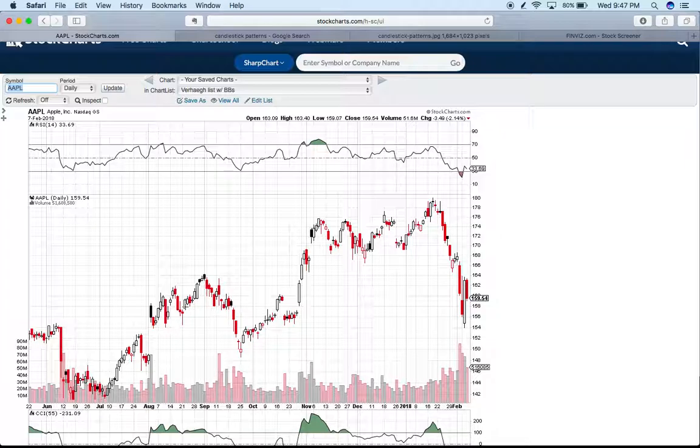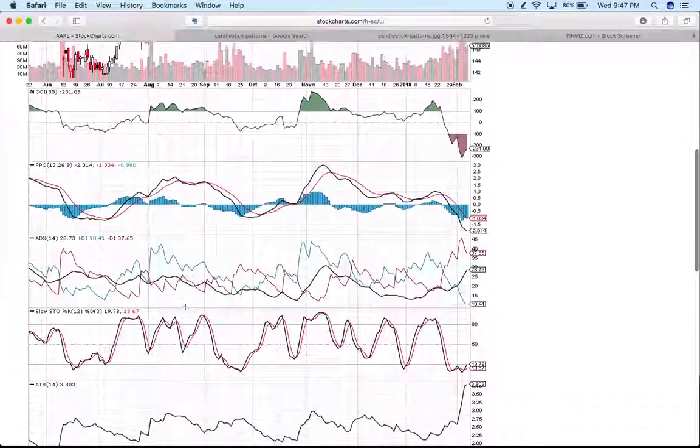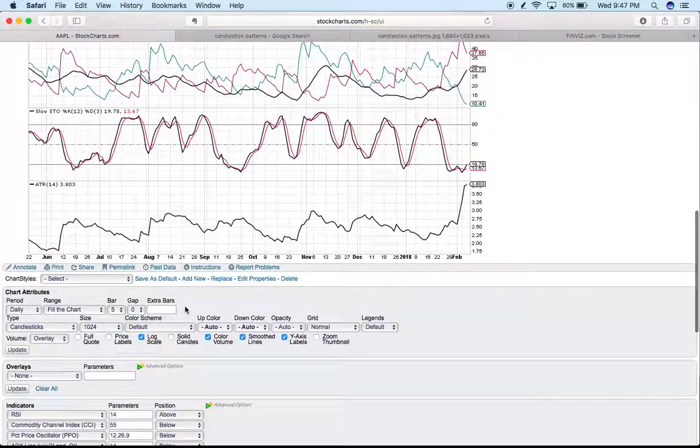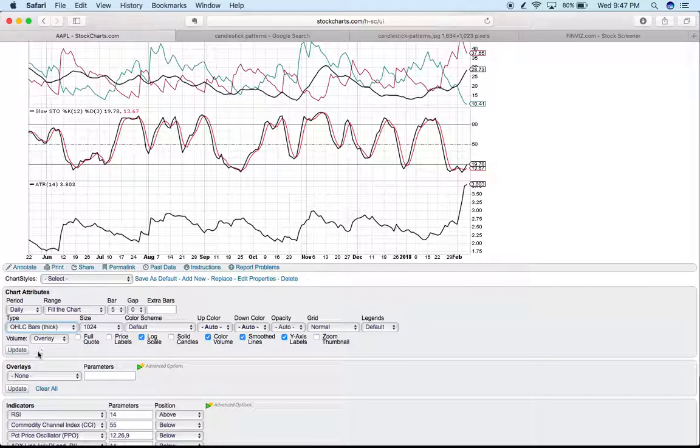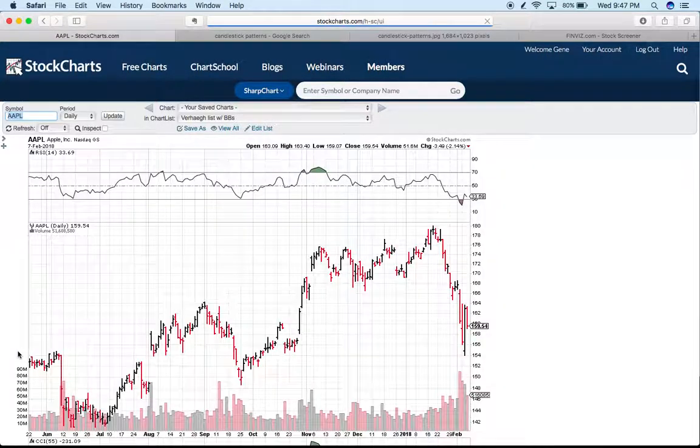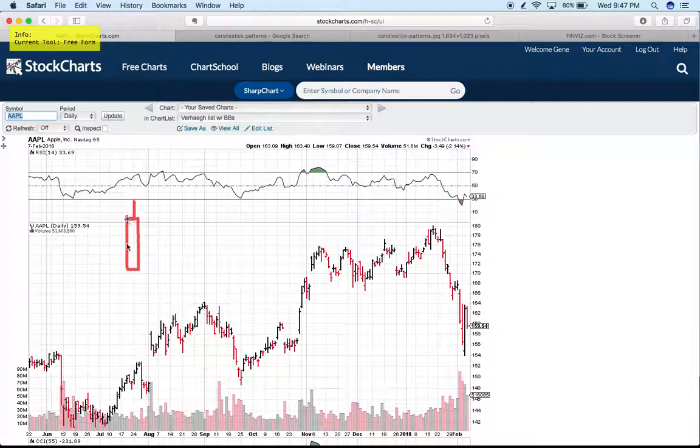Now I prefer candlestick charts, and most traders that I follow prefer candlestick charts, but some traders like bar charts. And bar charts are similar to candlestick charts. As you can see, it does look different. A bar chart is basically, you got the candle, it's like this, where you've got the high and you got the low.